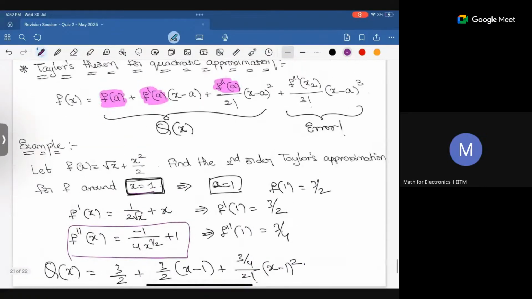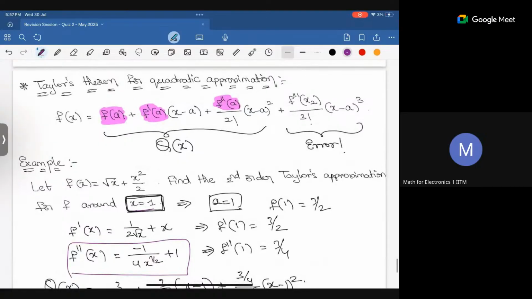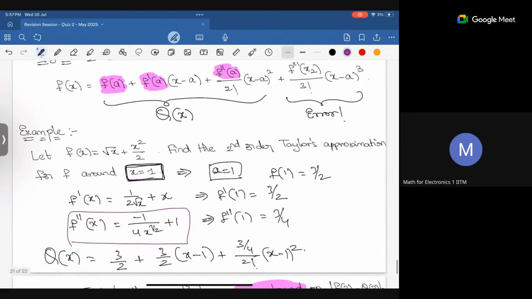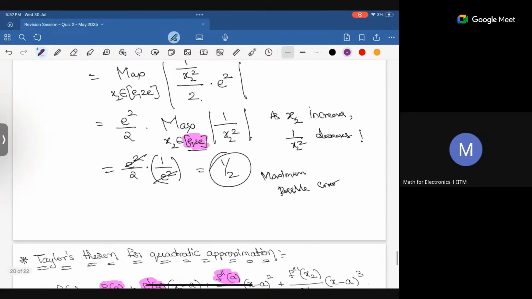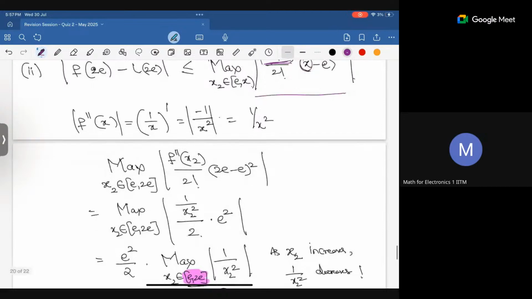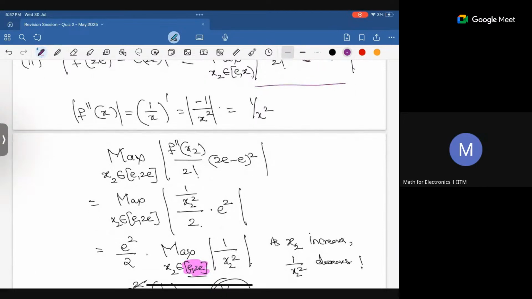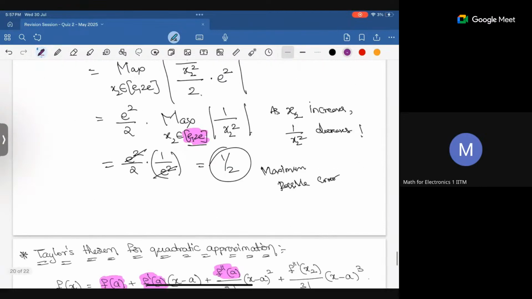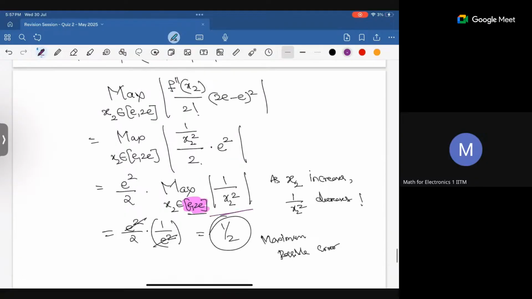Okay, and this is how you find the approximations. If they ask you to compute the linear approximation, you just compute the linear approximation. If they ask you to compute the quadratic approximation, then you have to compute this. And after that, for error, you have to follow these steps. Identify what is x, what is a. Then after simplification, you will get one expression only in terms of x2.